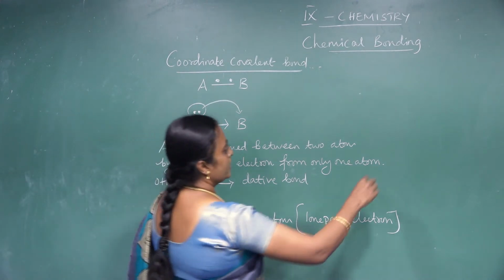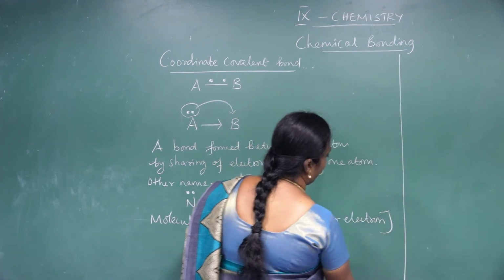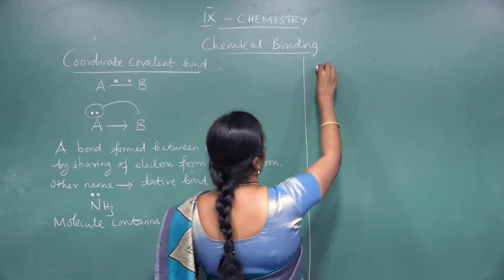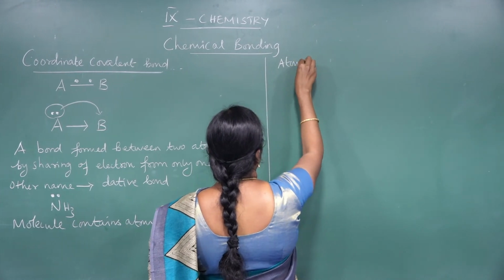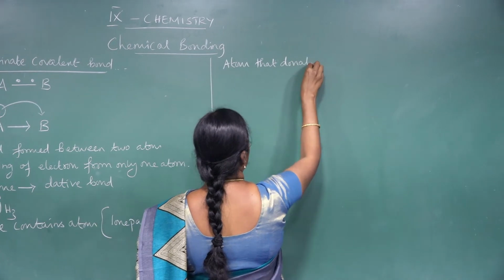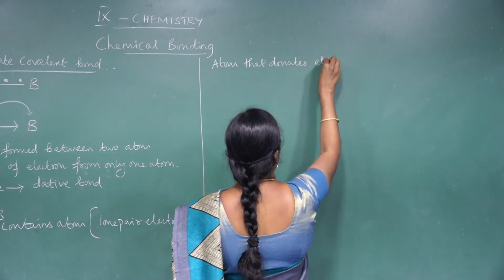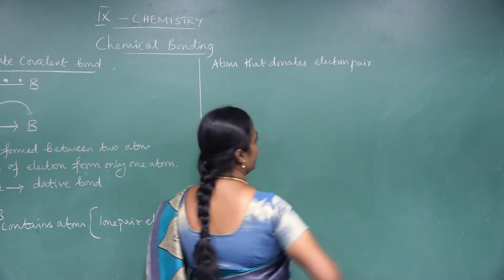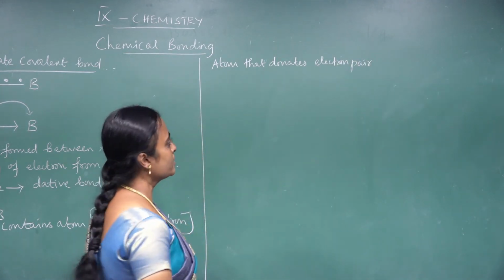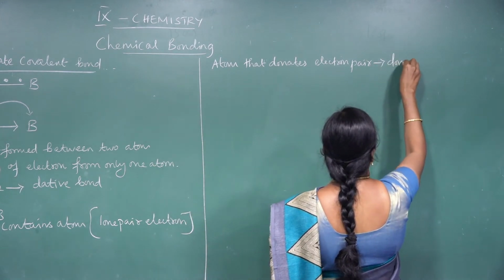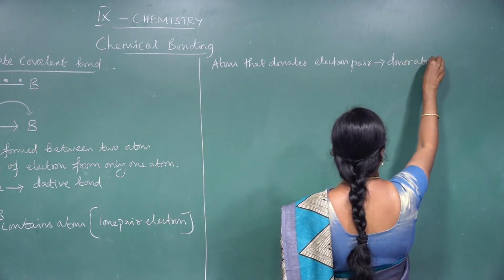Next, the atom that donates the electron pair is called the donor atom.